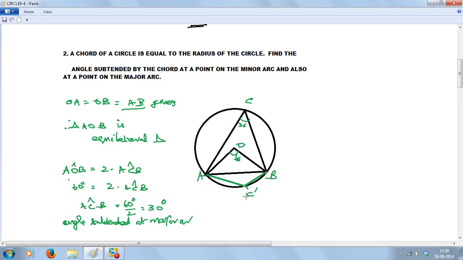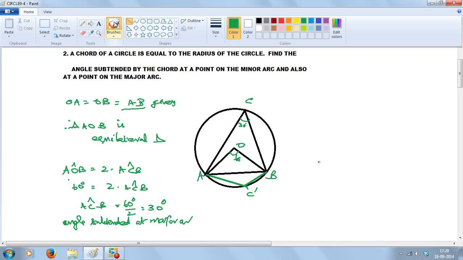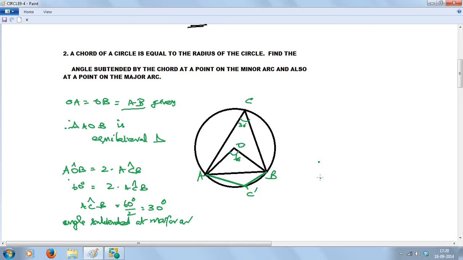That is what the question asks: the angle subtended by the chord at a point on the minor arc and also at a point on the major arc. So AC dash B is on the minor arc.